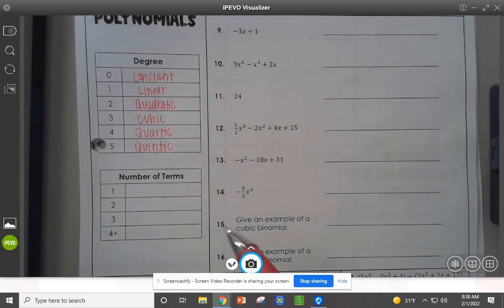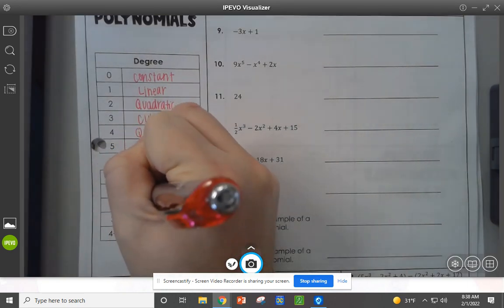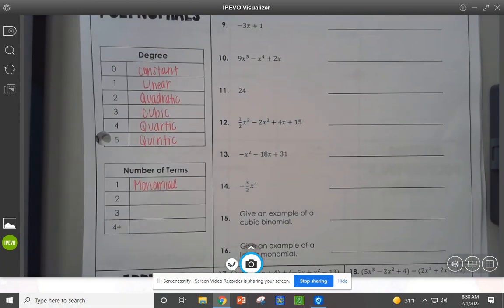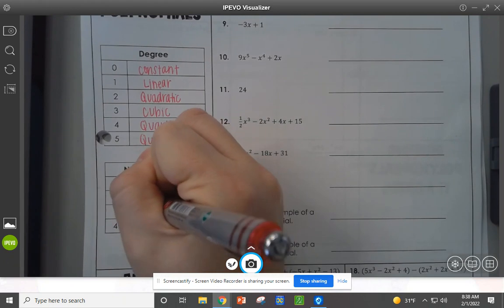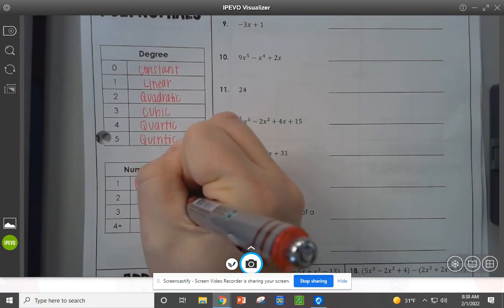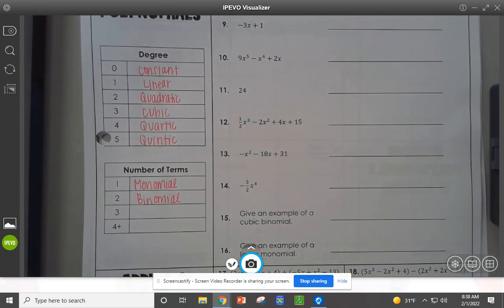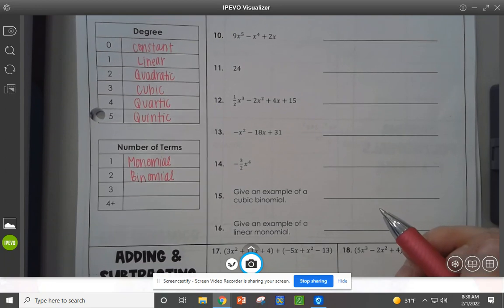Now, number of terms, that's how many monomials are pieced together. So 1 is just a monomial. 2 is a binomial. 3 is a, any guesses?